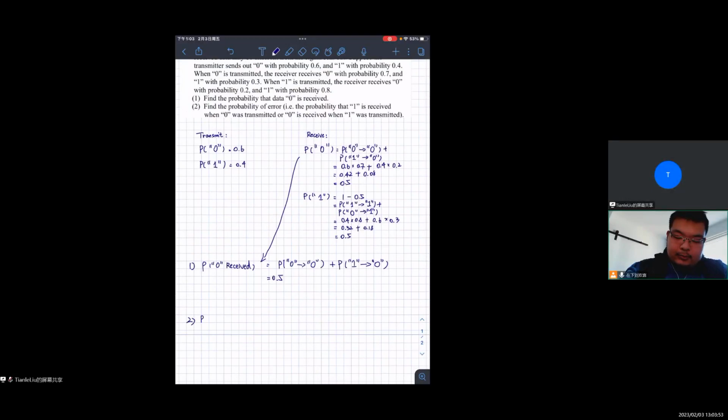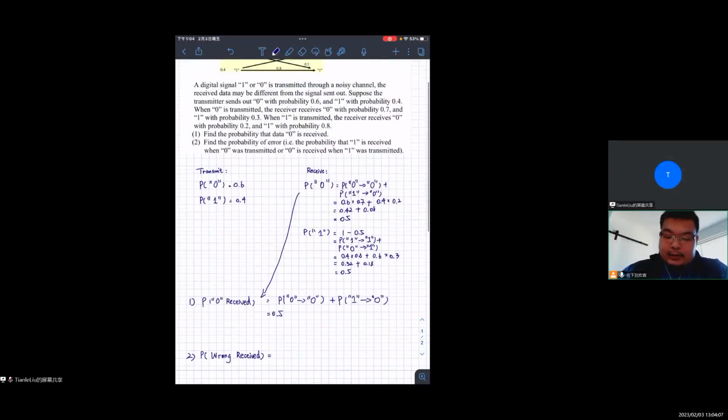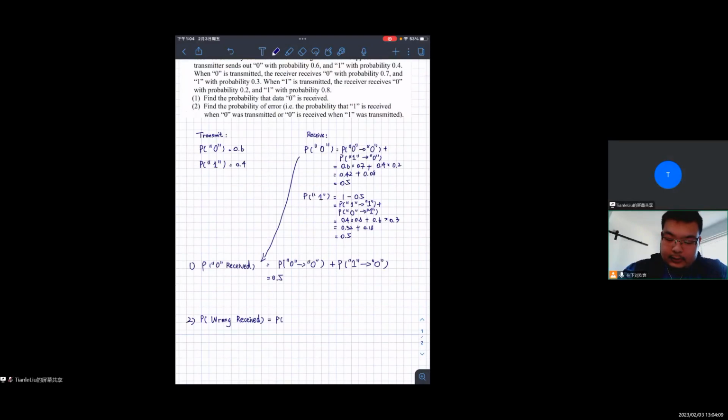For the probability of the wrong received, we have the probability from 1 to 0 plus probability of 0 to 1.